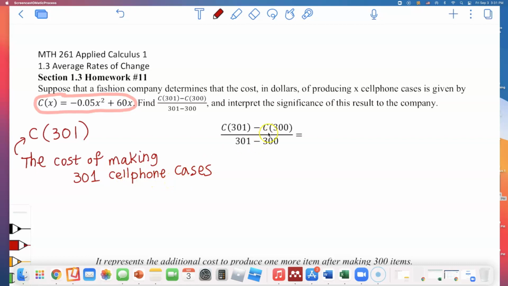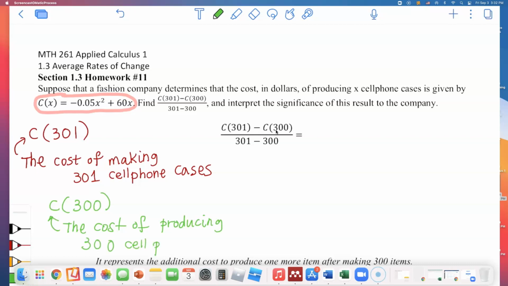Okay, and the denominator, what about this? What is C of 300? That's the same thing, right? The cost of producing 300 cell phone cases.